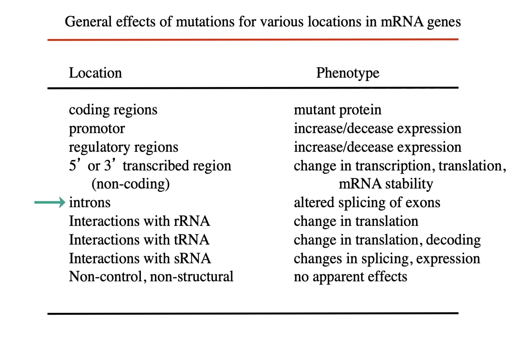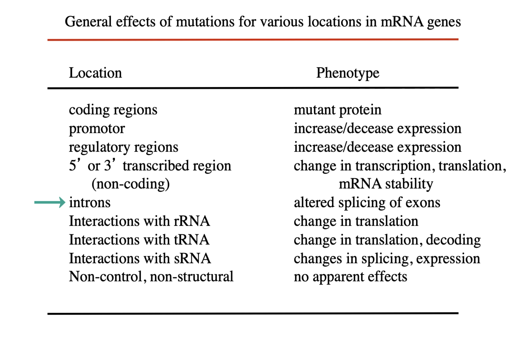Introns, you can have altered splicing of exons that can affect both the ultimate protein that is produced and whether that's detrimental to the organism as well. And as I've indicated elsewhere, the introns, although they're spliced out, they're chopped out, some of those introns become small RNAs or controlling RNAs.